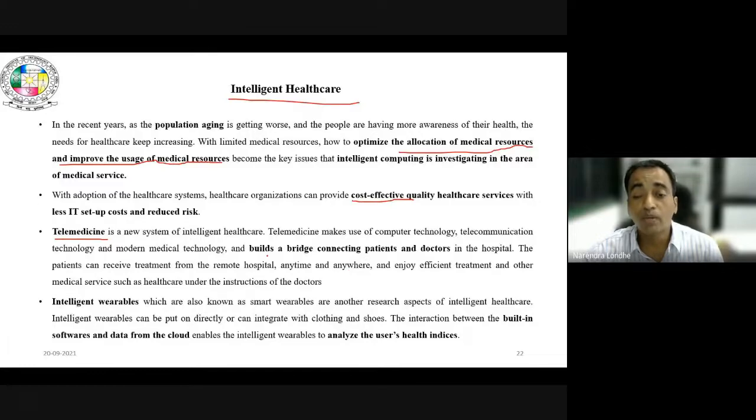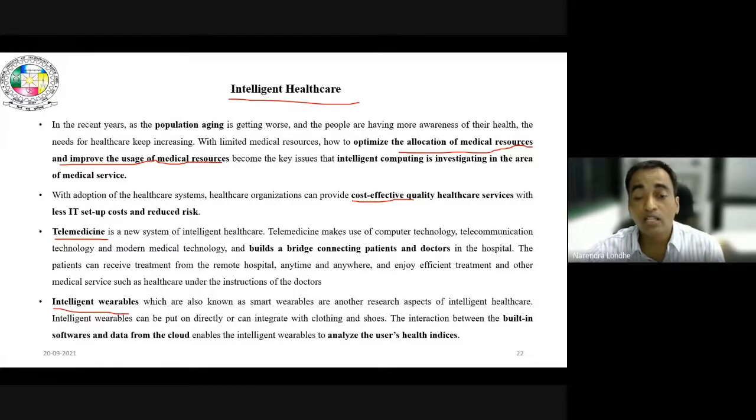The doctor, sitting at a long distance, understands the data and gives an opinion, doing the diagnosis and treating the patient. So that is telemedicine. That sort of intelligent healthcare system is being developed.